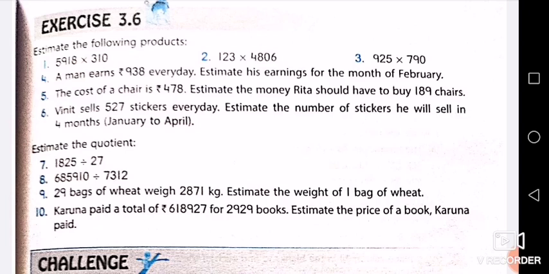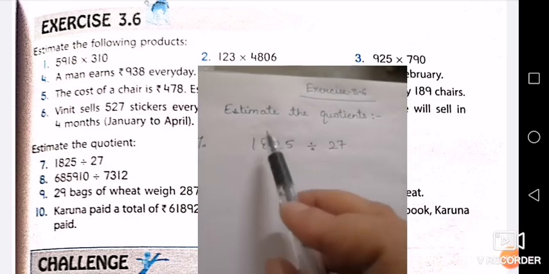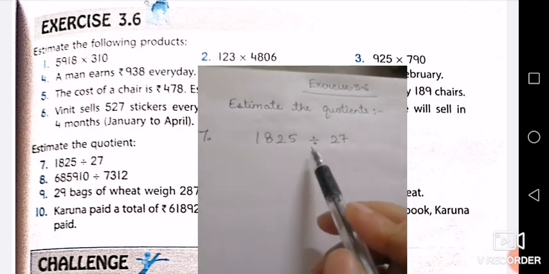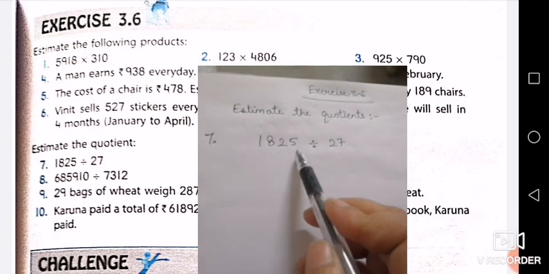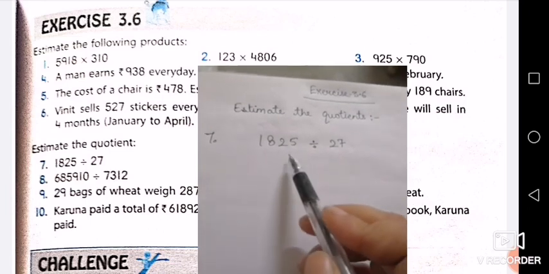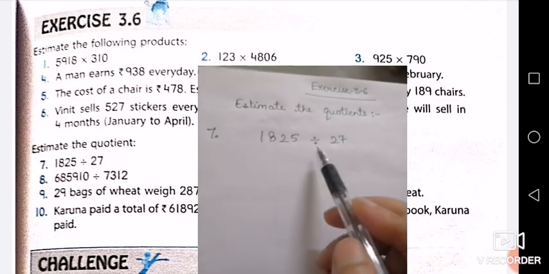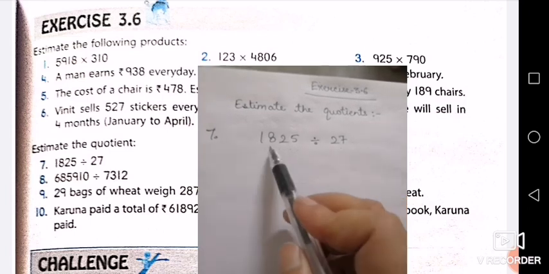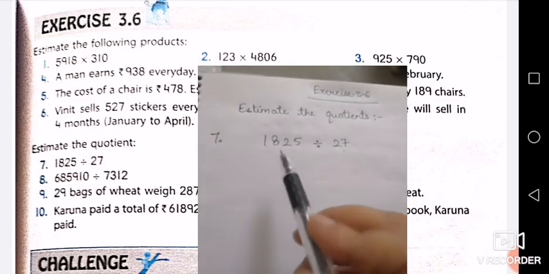So let's start the exercise. As you can see on the screen, estimate the quotient, question number 7, which is 1825 divided by 27. Now this 1825, as I told you, sometimes we do not round off to its greatest place value, because we have to see the divisor also, whether the dividend is divisible by the divisor or not.